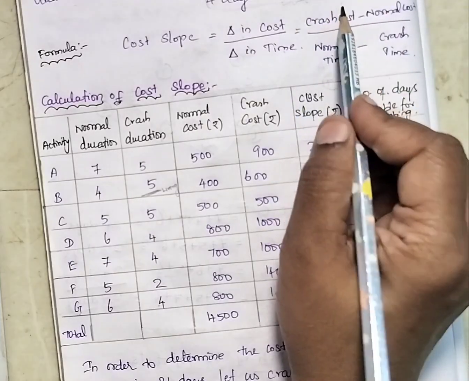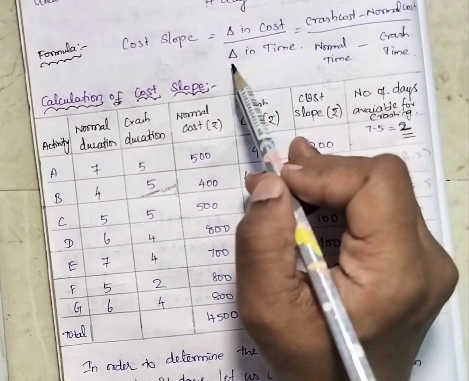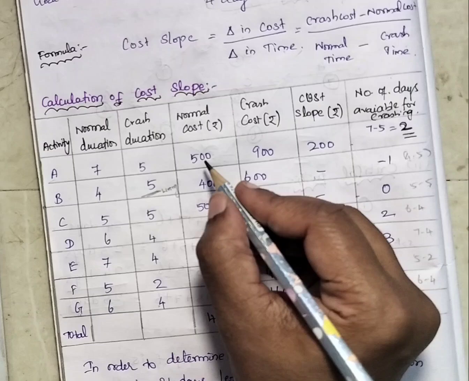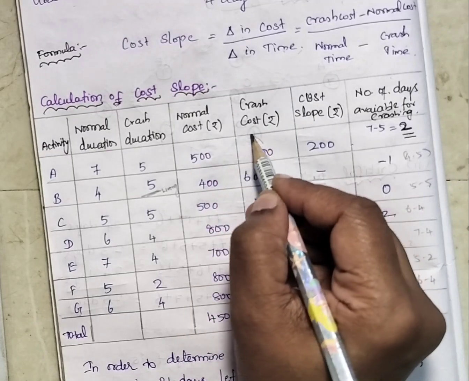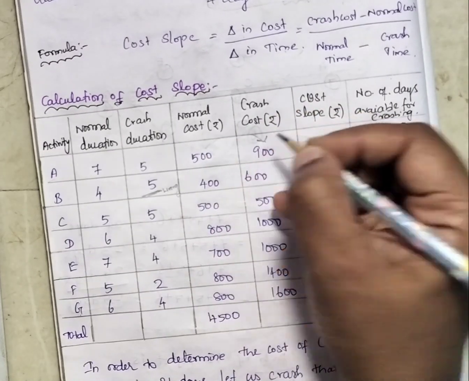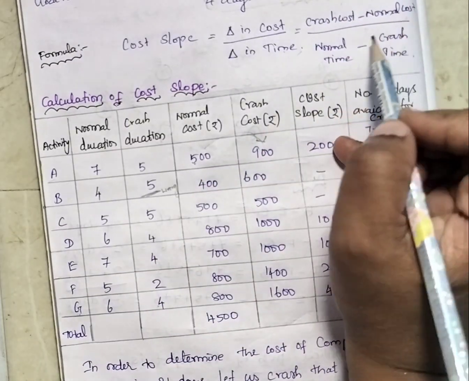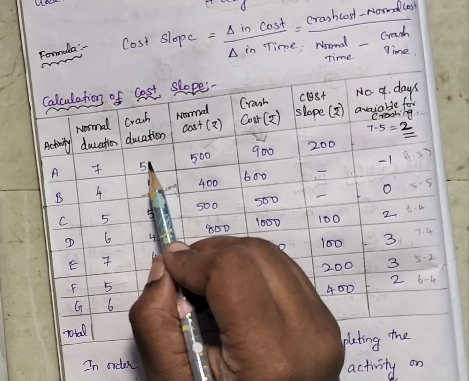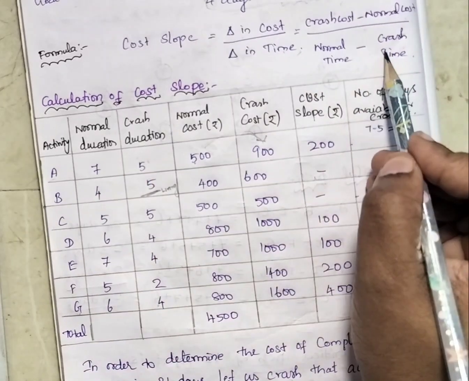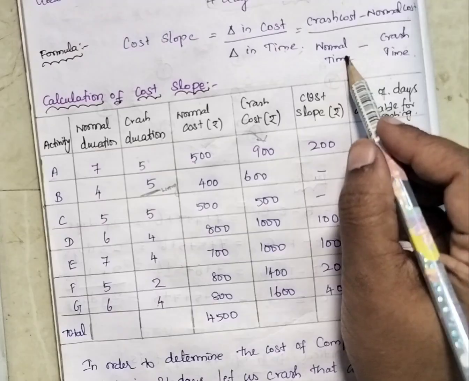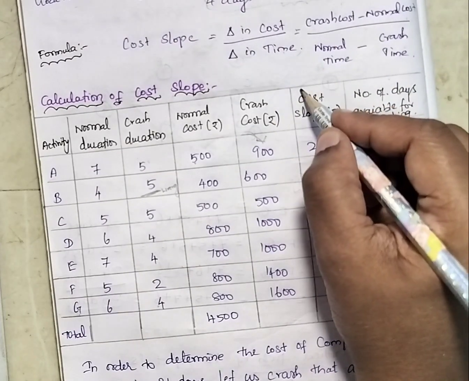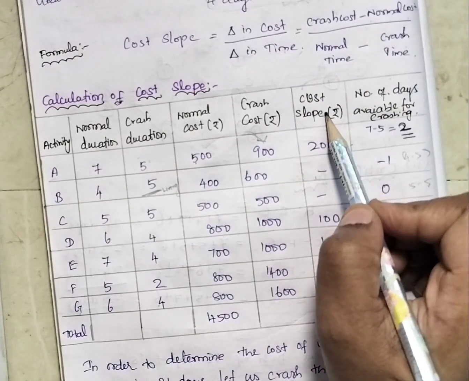Here the crash cost is higher, so 900 minus 500, divided by 7 minus 5. By using this formula, we find the cost slope.